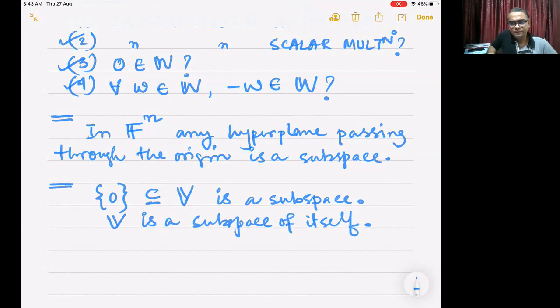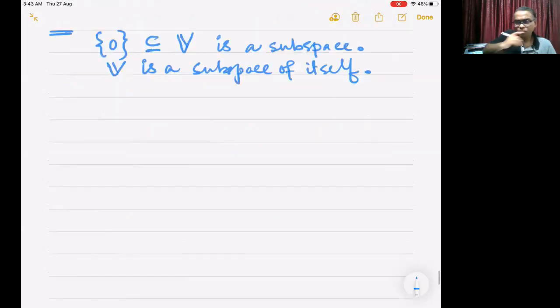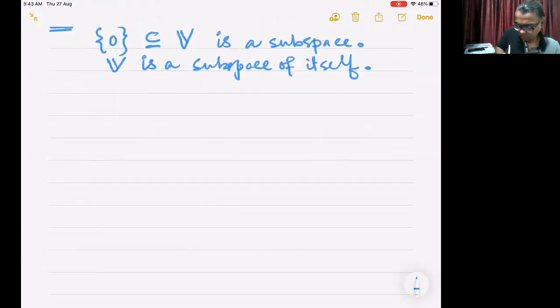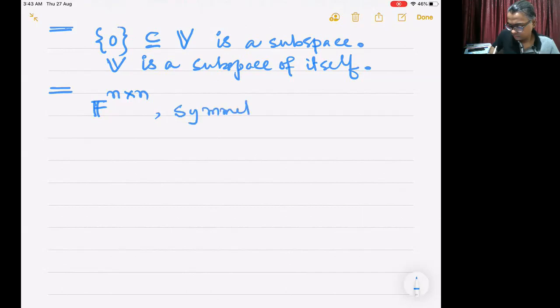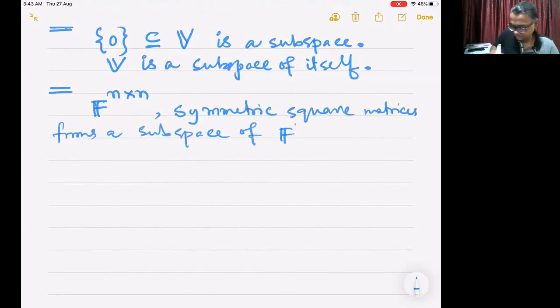Are there more subspaces? Yeah. You yourself are going to check that if I have square matrices, then symmetric square matrices form a subspace of F n cross n.